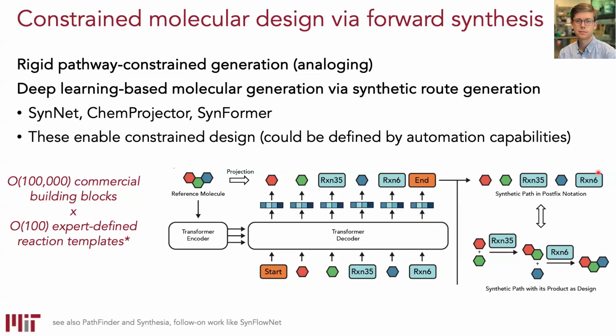Yes. In this case, we constrain, so basically you can think about a molecule as the result of a synthetic process. The leaf nodes of this tree, the synthesis tree, we need to constrain to be commercially available starting materials. That's one constraint. The second constraint is through the templates. We say your chemical transformations must obey these rigid rules.